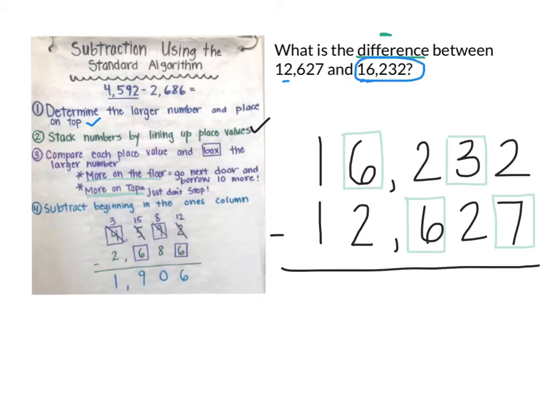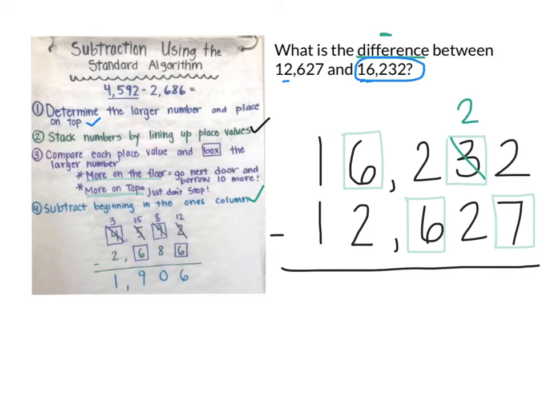So let's start. Step 4 tells me to subtract beginning in the ones column. It is so important that we start subtracting in the ones place. So looking at the ones place, 2 and 7. I have more on the floor, so I have to go next door and borrow 10 more. So I go next door to the tens place and I borrow from 3. When I borrow from 3, we're taking 1 away, so I'm left with 2.